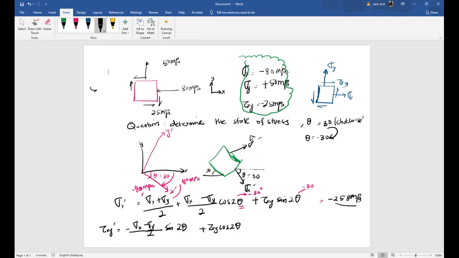So you just substitute all these parameters. In the end, you will get the value for the new shear stress, which is equal to minus 68.8 megapascal. Next, we are going to determine the value for sigma x prime.